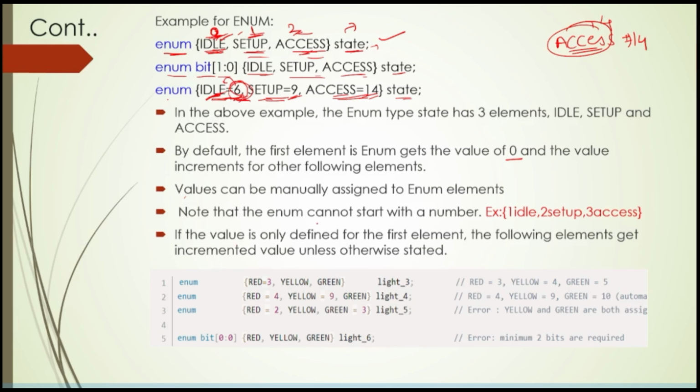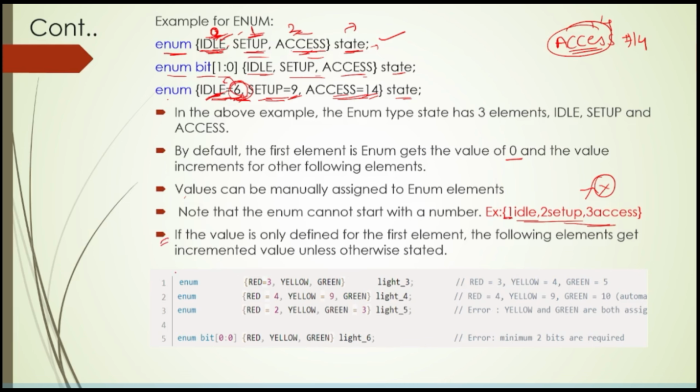Also note that the element names cannot start with a number. Whenever you write the state, the elements should always start with an alphabet, not a number. If you write it like that, it will show you an error.